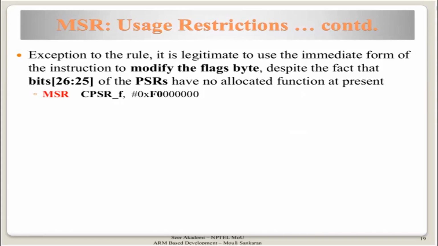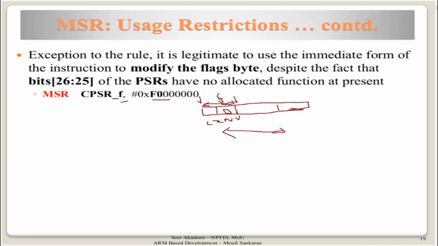In this case, the CPSR flag bits are CZNV. You are interested only in changing them, but when you mention the F field, it indicates all 8 bits, right? So you are allowed to change this content also, though it is part of the reserved field.